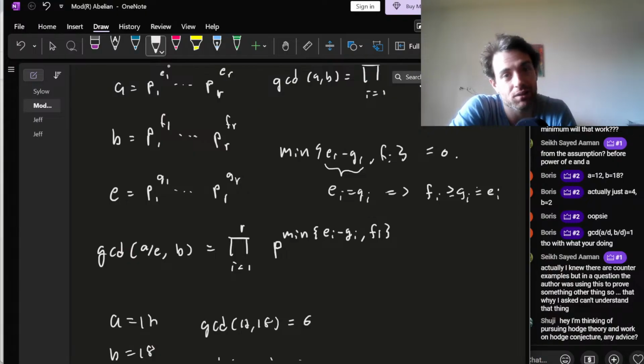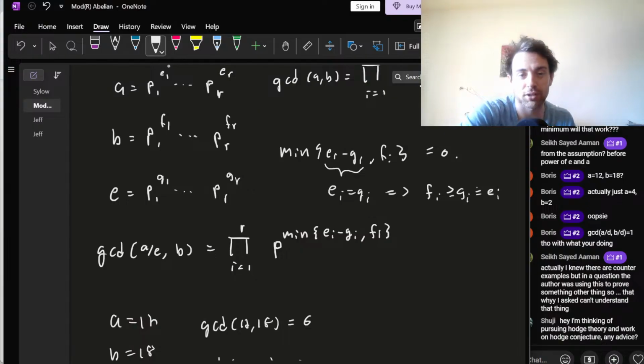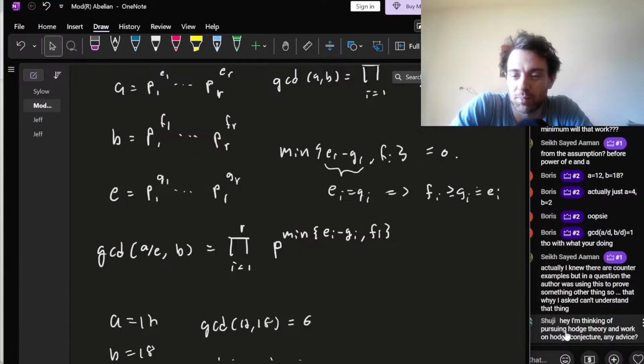Maybe authors make mistakes on occasion. But I also wonder, maybe you misunderstood what the author is saying. Also, who's the author? Are you reading a random PDF online, or is this from a book? Because books are always true, and online is always false.